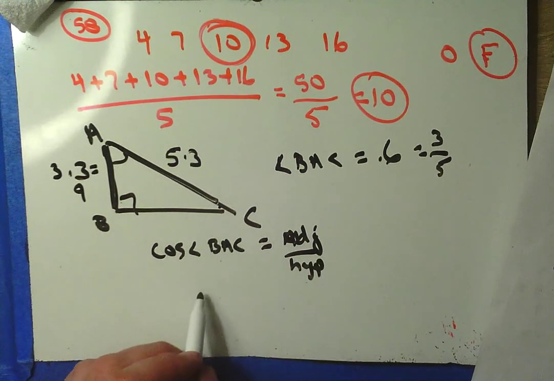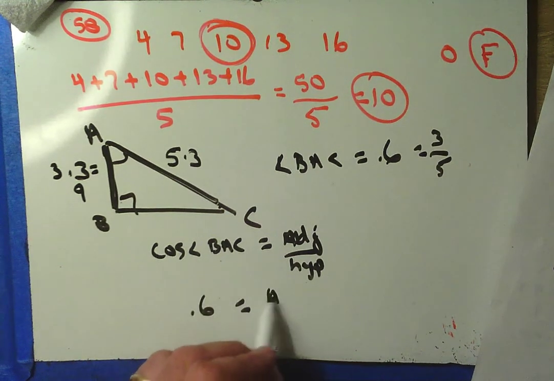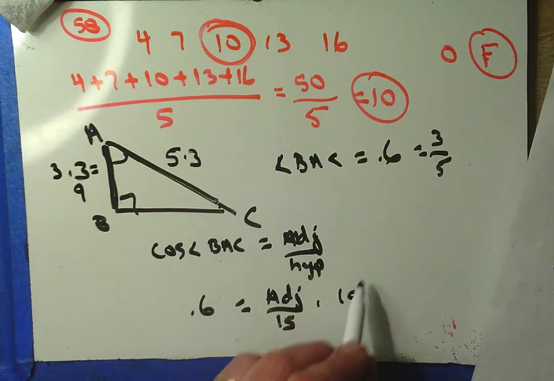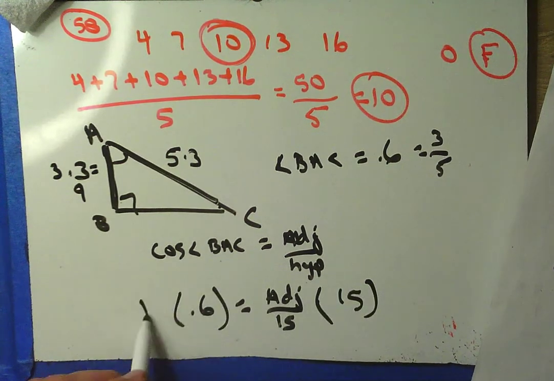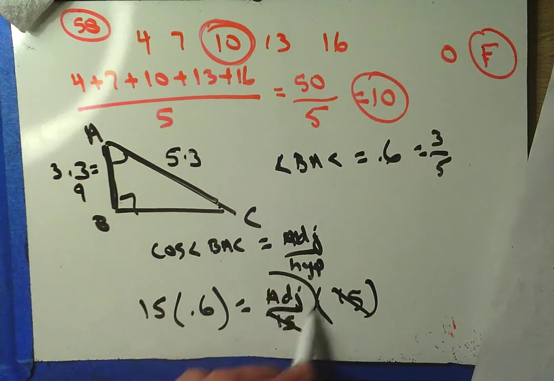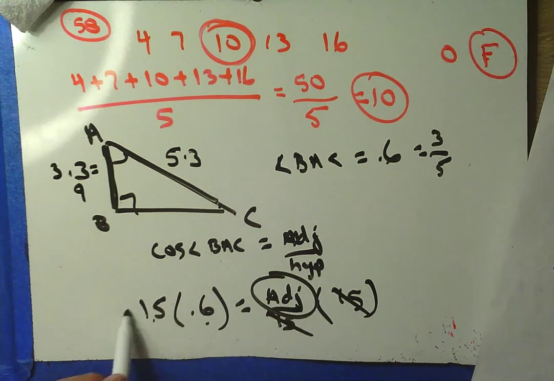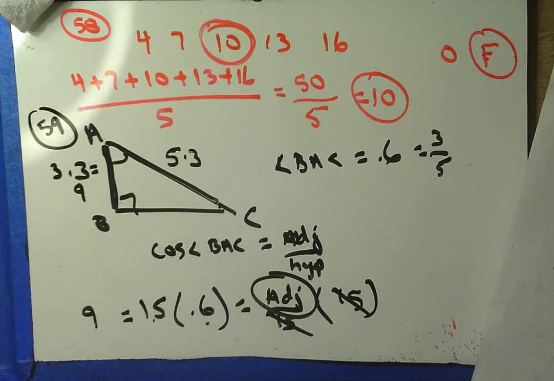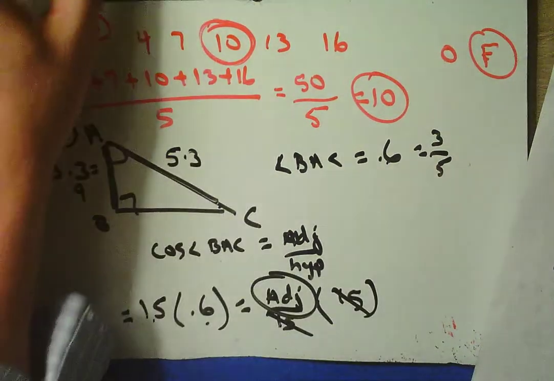And if we know that the cosine is 0.6 and the hypotenuse is 15, if we multiply both sides by 15, we see that the adjacent is 0.6 times 15, which would be 9. So we can get at our answer that way as well. There's number 59.